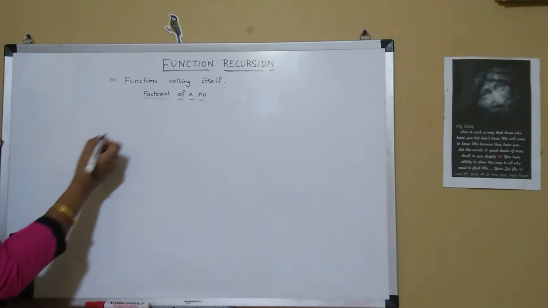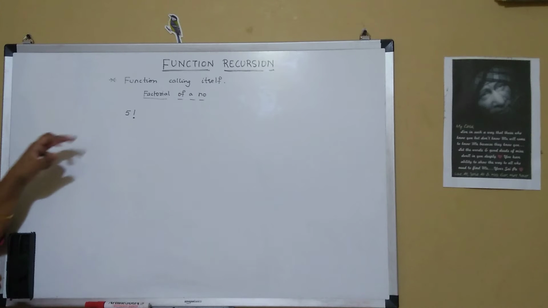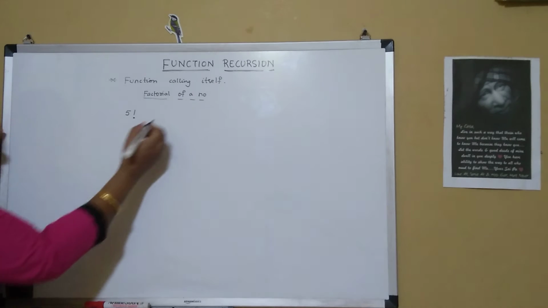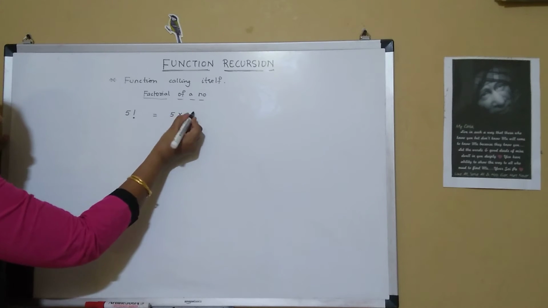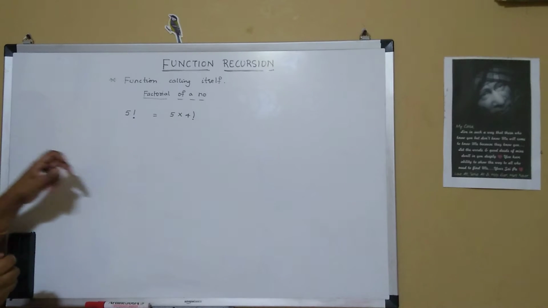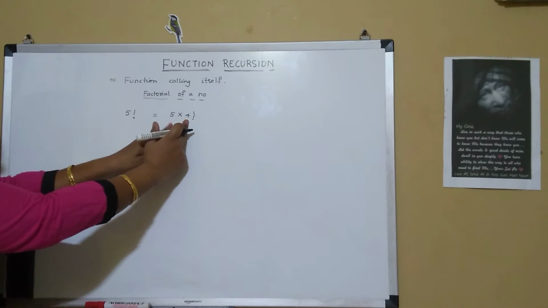So suppose I want to find factorial of 5. Factorial of 5 can be split as 5 into 4 factorial. So we are taking out 5 into and we are giving 4 factorial.